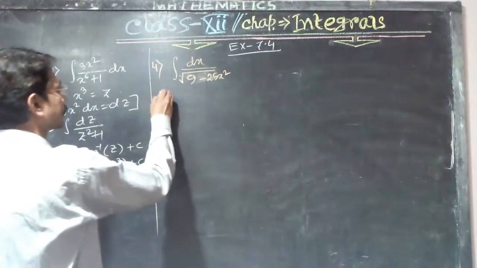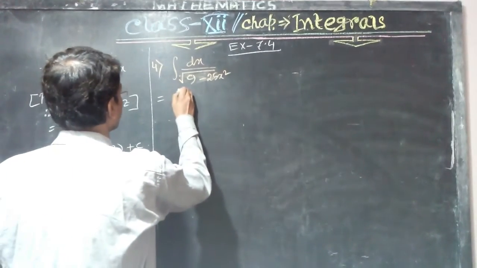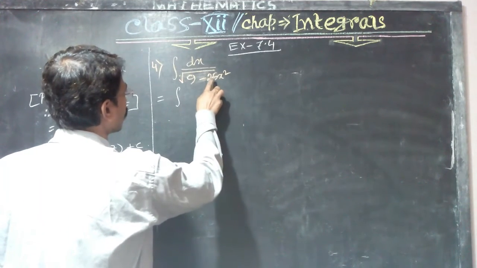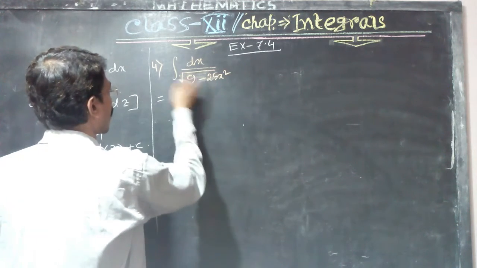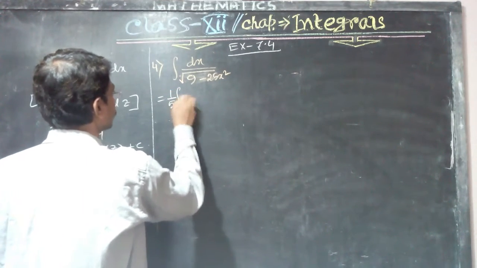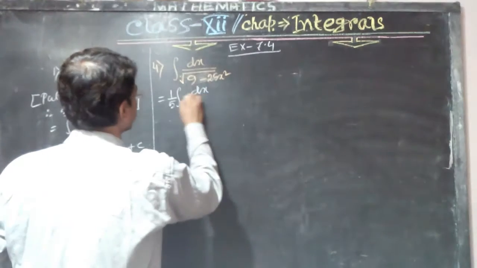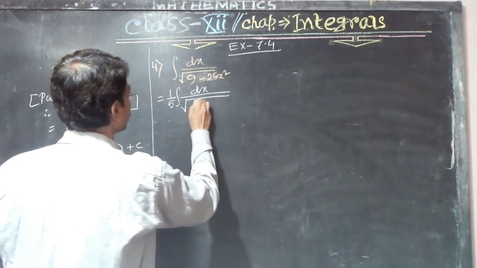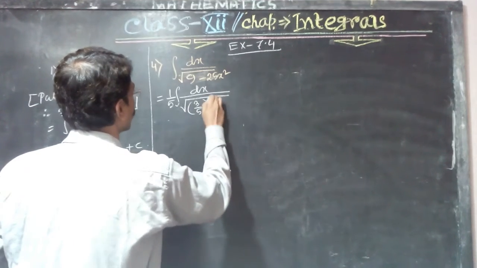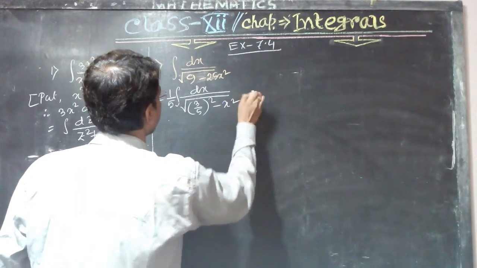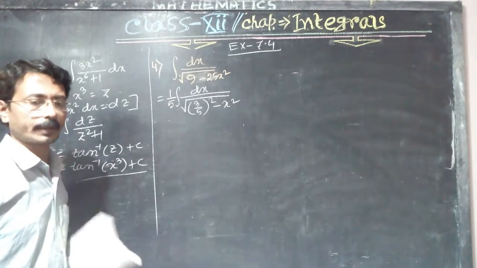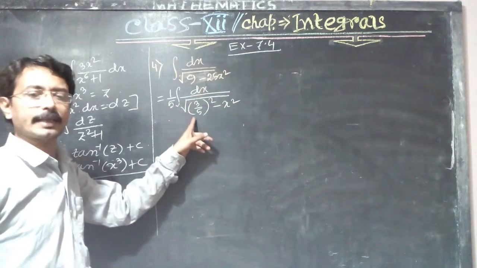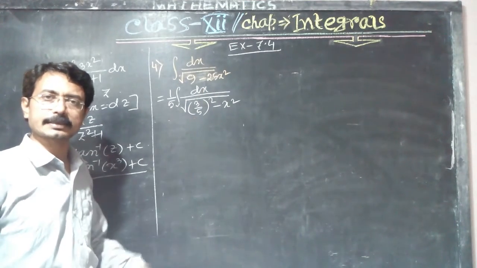Okay, let's start. From the denominator we take common 25, and outside 25 equal to 5, 5 is 25, dx by root over 9 by 25, which is 3 by 5 the whole square, minus x square. Okay, then it is of the form dx by root over a square minus x square.